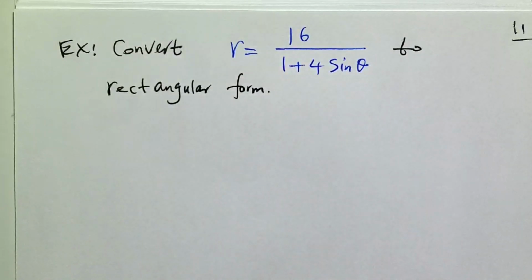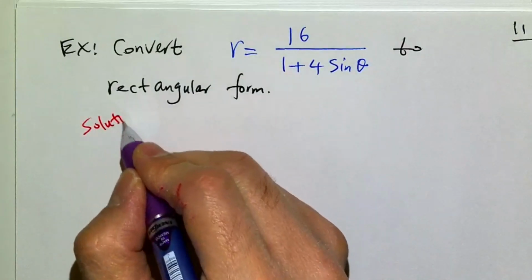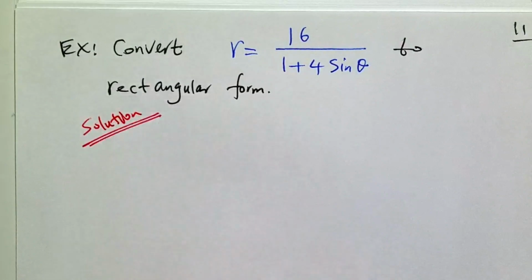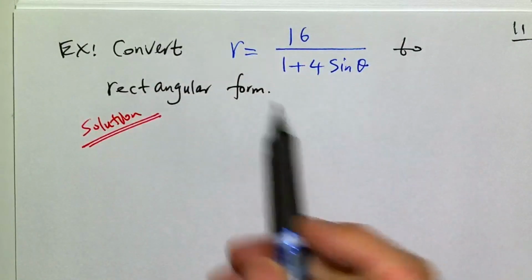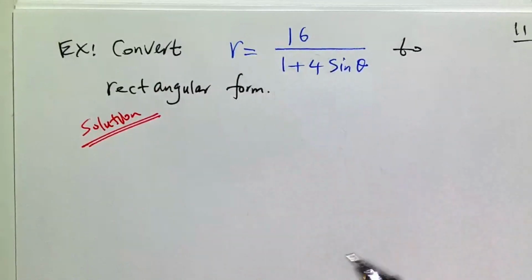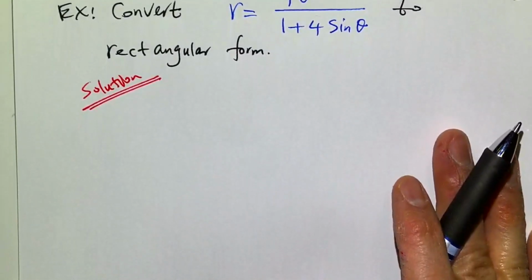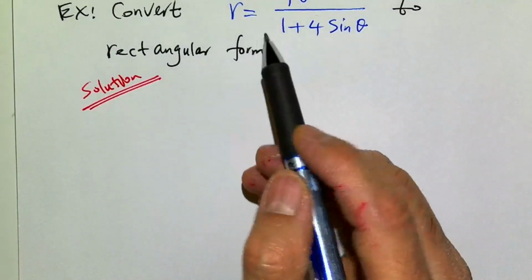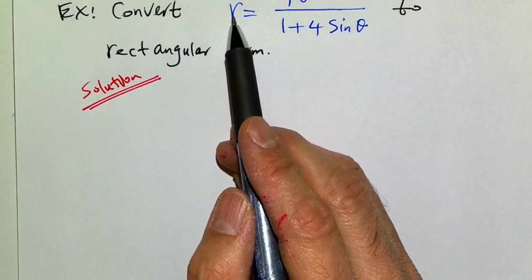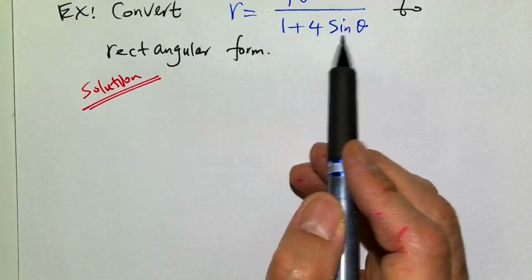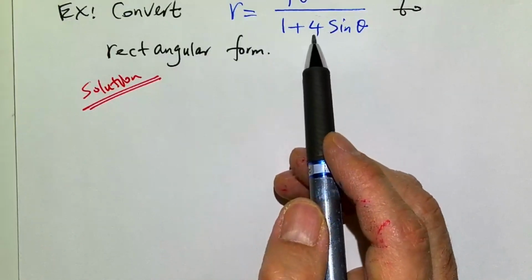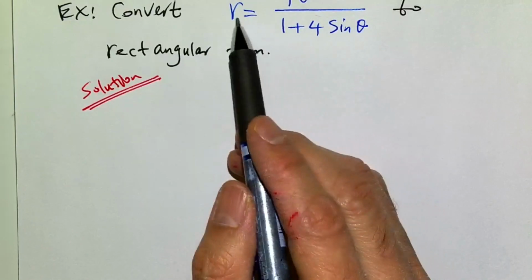Okay, I'm counting that you've already done your solution. You pause the video as soon as I wrote that down, you're done and now you're back. So once again, we need a product of the r and the sine or cosine in order to generate a rectangular form.